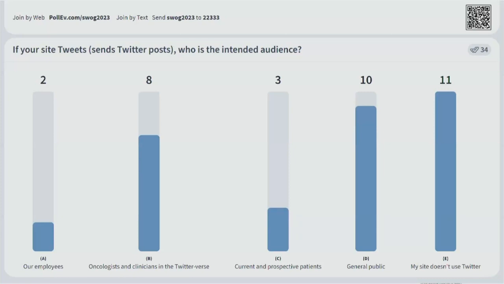Like a lot of sites don't use Twitter. Okay. A lot of sites don't use Twitter, and otherwise they're aiming for the general public, it looks like. So we will move on to the next question then.